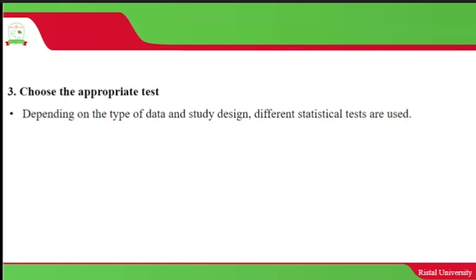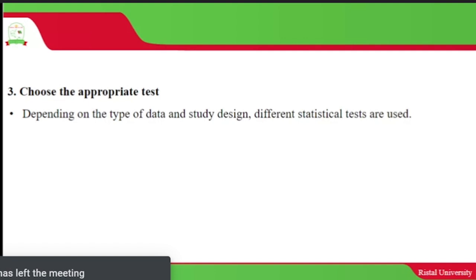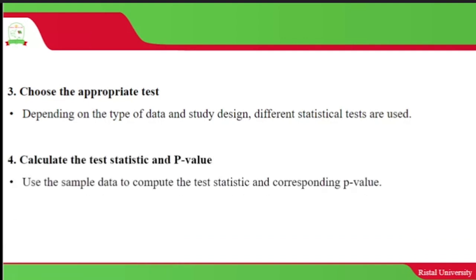Different statistical methods are used for different data types, study designs, and outcomes. You calculate the test statistic and the p-value. You use the sample data that you have to compute the test statistic and then the corresponding p-value. We are going to talk about p-values in the next slides.